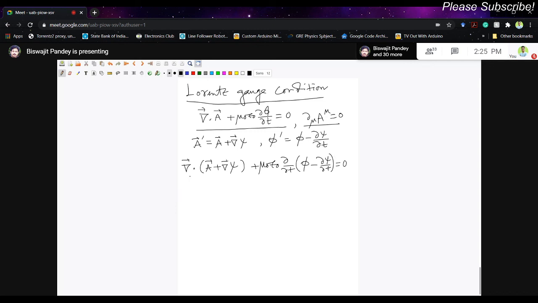Now if I separate the terms, I have divergence of A plus mu naught epsilon naught del phi del t plus, this will be Laplacian of psi minus mu naught epsilon naught del square psi del t square equal to 0. Now from the gauge condition, this term is already 0. That is the criteria, right? This is 0. So we have an equation for the gauge potential, which is again nothing but the wave equation.